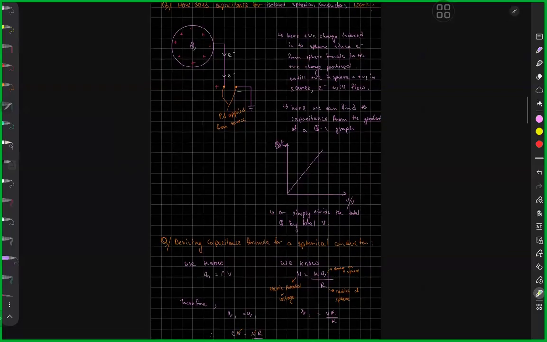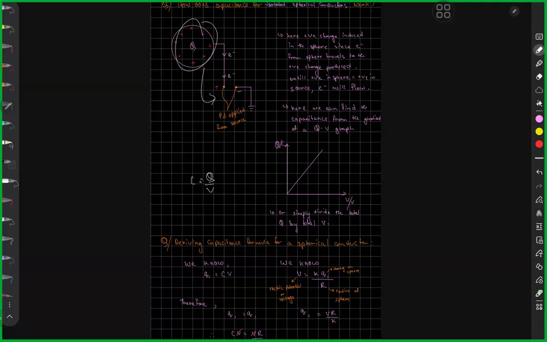Now, the real conversation is how do I find out the capacitance over here? I want to find out how the capacitance varies, or how I can identify the capacitance for this specific sphere. Typically, I know the formula to be Q by V. So it is a fair argument to say I can just divide the charge stored here by whatever voltage I supplied.